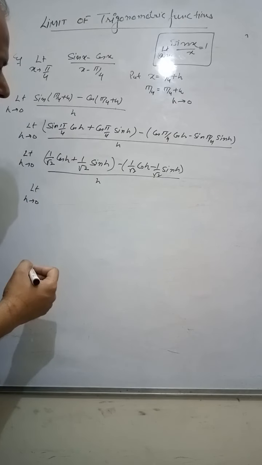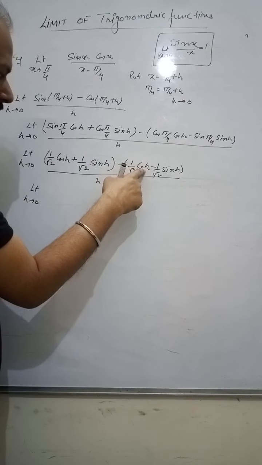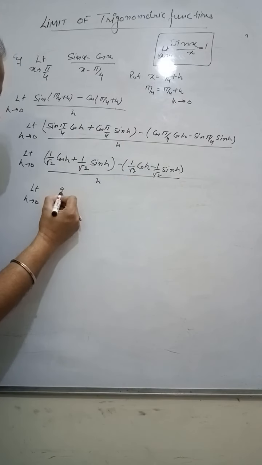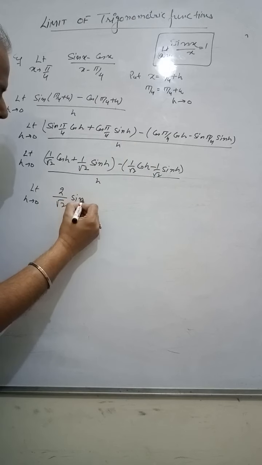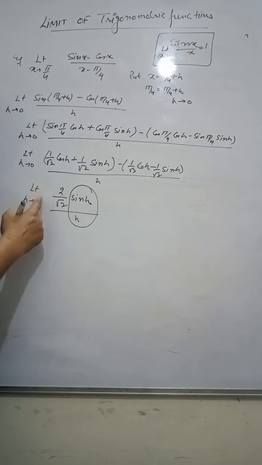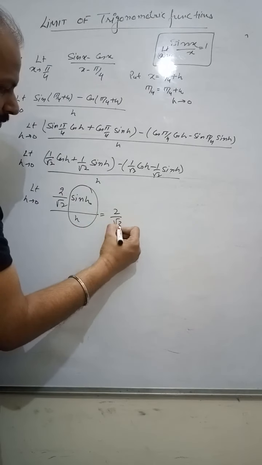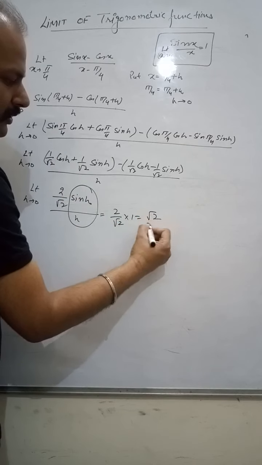Things get cancelled here. 1 by root 2 cos h minus 1 by root 2 cos h will cancel down, and the sin term becomes double. So this is 2 by root 2 sin h upon h. And this is what we are looking for. The limit as h goes to 0 of sin h upon h is always equal to 1. So this will be 2 by root 2 into 1, which is simply root 2.